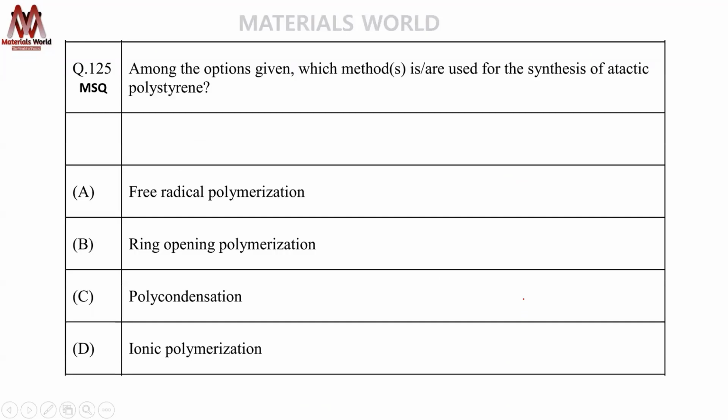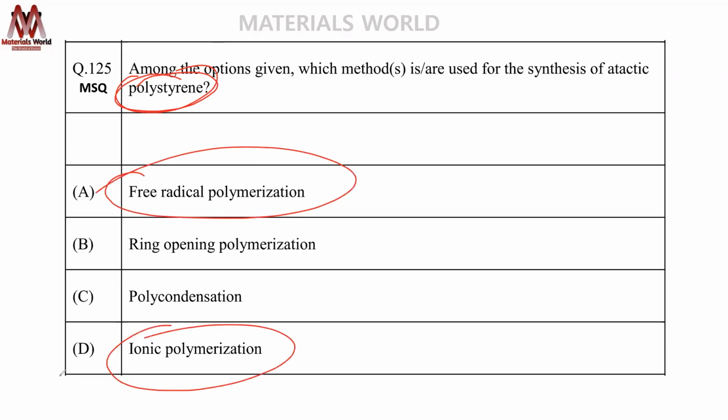Now, question number 125 is also MSQ. The answer is very typical. I mean, you don't need to think about it. It is polystyrene. So styrene is something which will be polymerized by all of them: anionic, cationic, free radical. Okay. So definitely you are going to use free radical and ionic.